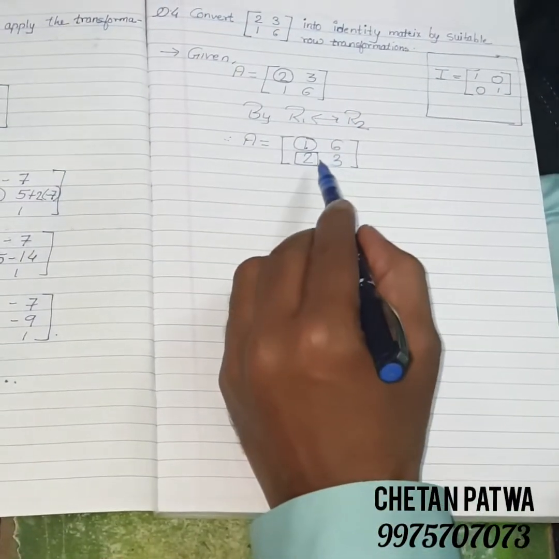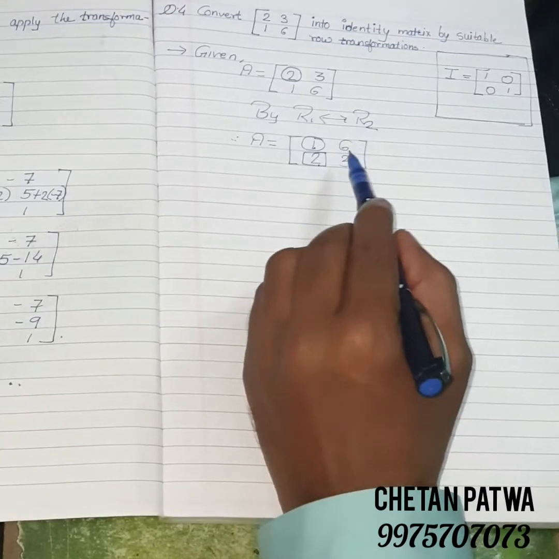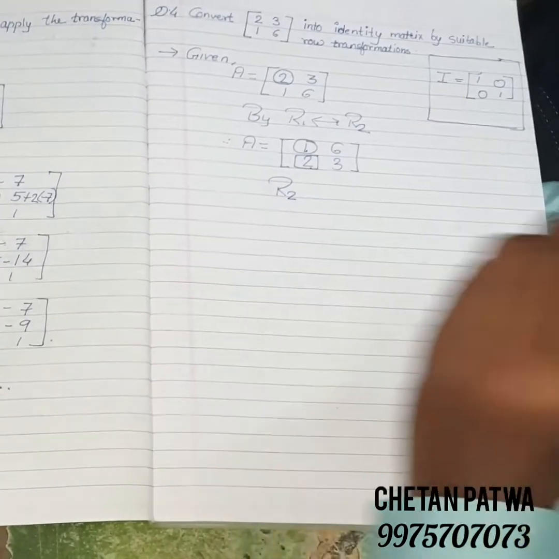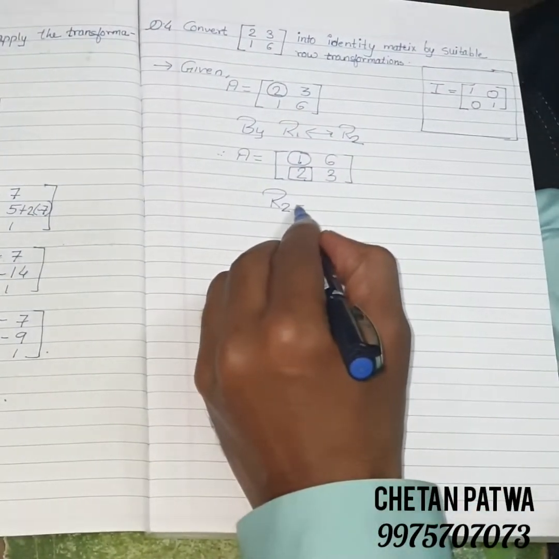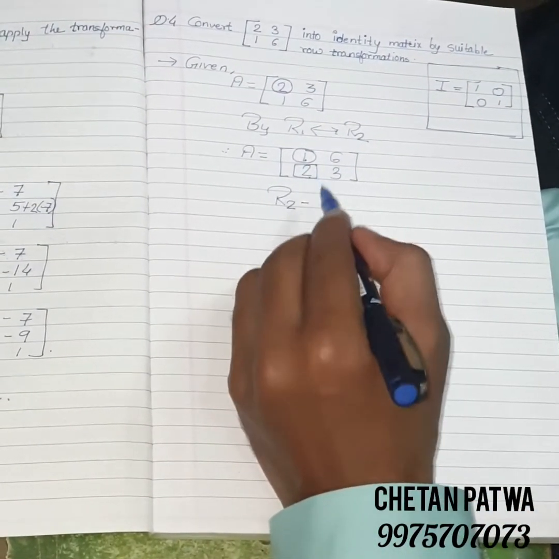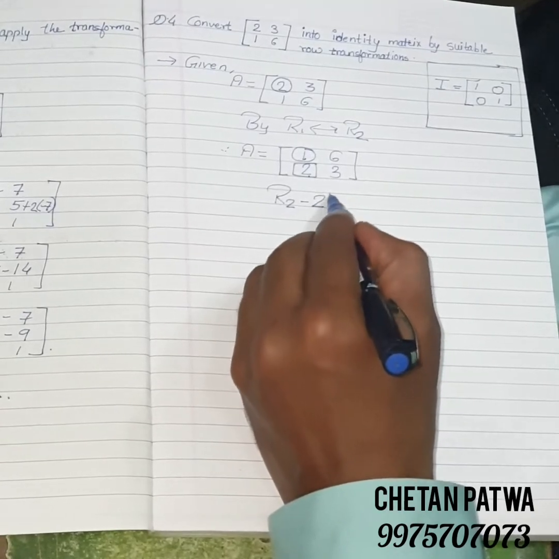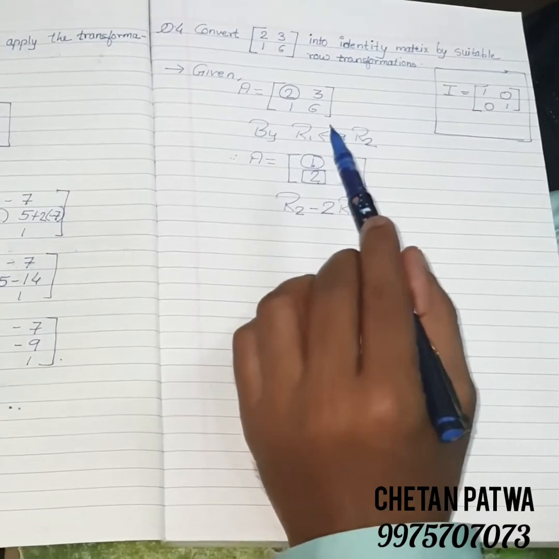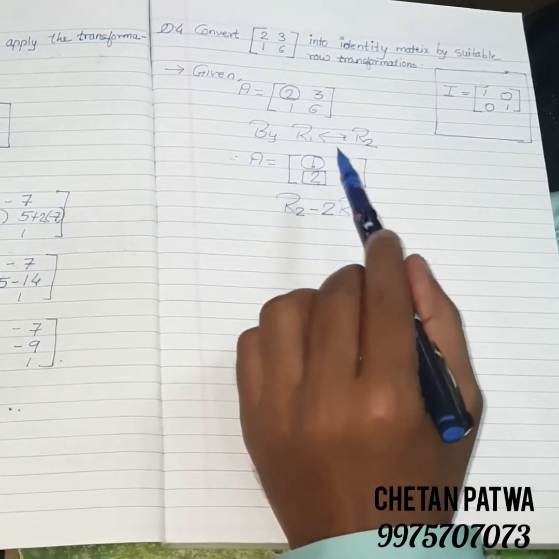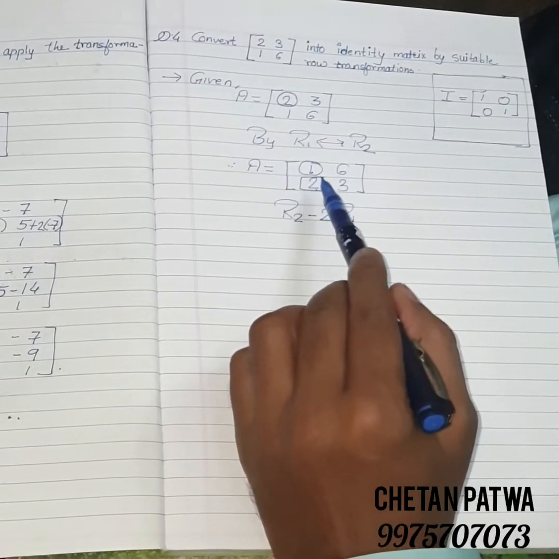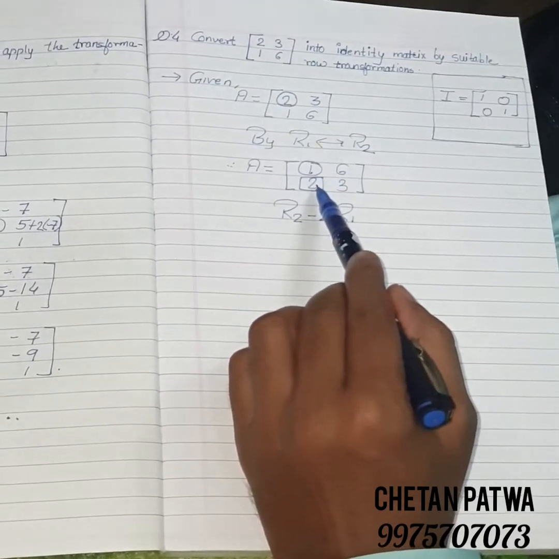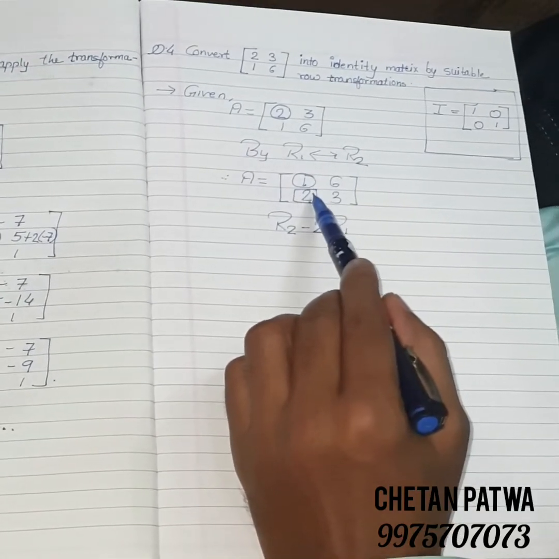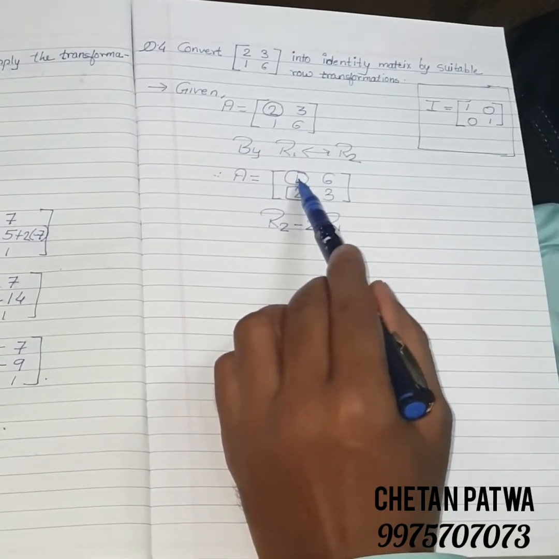Now if you observe, this 2 is situated in which row? Second row. So we are going to make changes in which row? Second row. Minus. Which is the element in second row? 2. So here we will take 2 R1. Now students should remember this step in mind, that whenever you are converting any element into 0, first see the position of that element. In this case this element was located in second row, so we will try to make this element 0 with the help of 1 from R1.